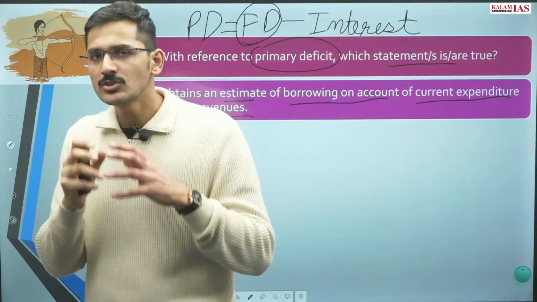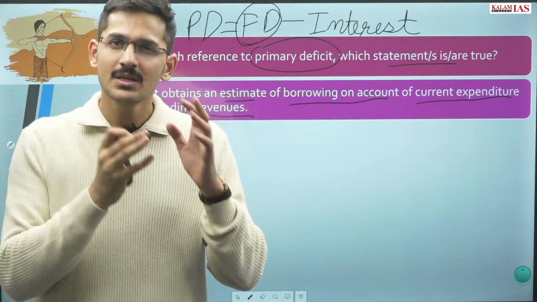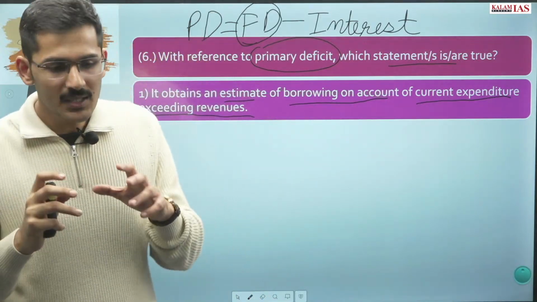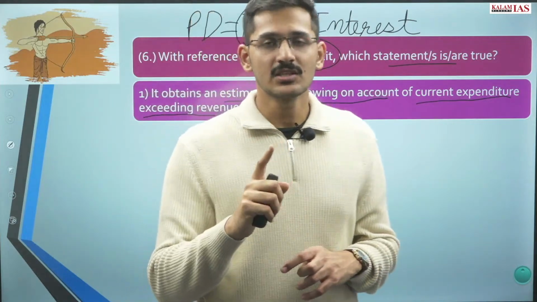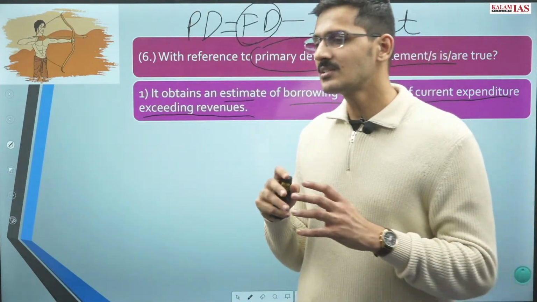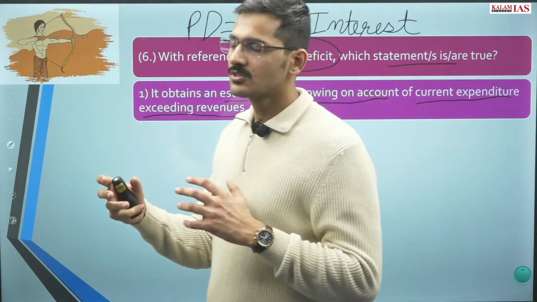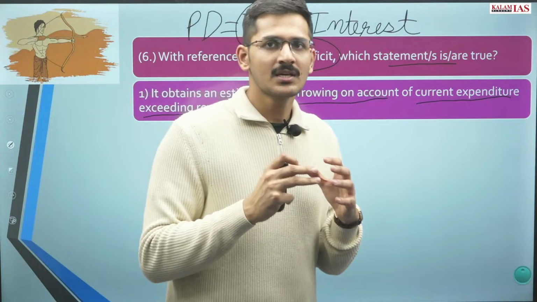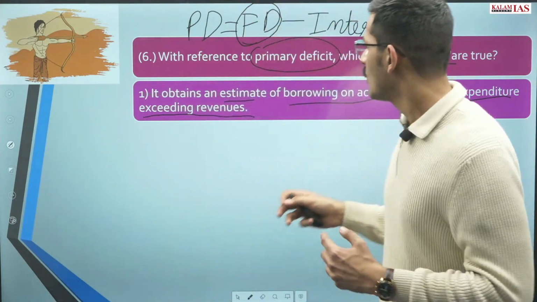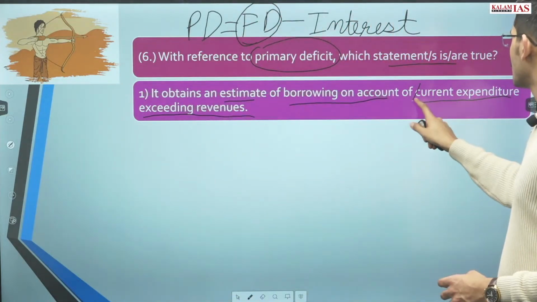We have seen capital expenditure and revenue expenditure, but of all the expenditure, only interest is not of current nature, because it is due to past commitments. All the other expenditures in the budget are of current nature.